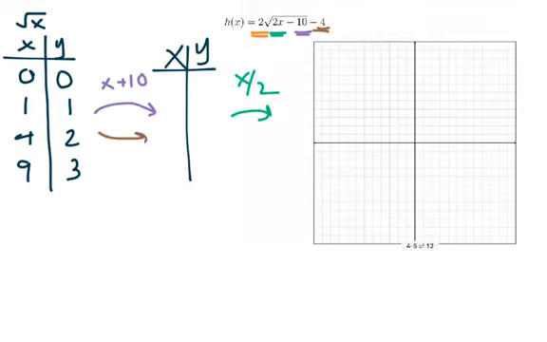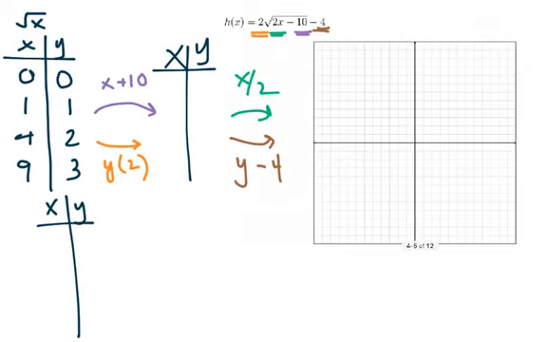So the first thing we'll do to the y's is multiply by 2, right? Because that's what you do first. In order of operations, you do multiplication first. And then the second thing we would do is subtract 4, right? Subtraction comes next in order of operations, and again, we're using the operation that's given to us for the y values.